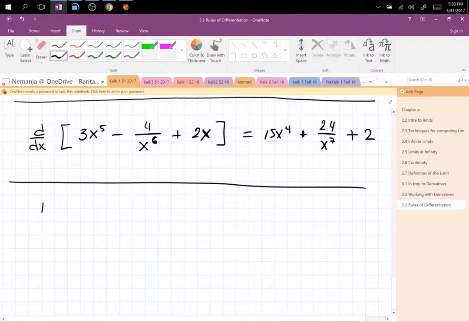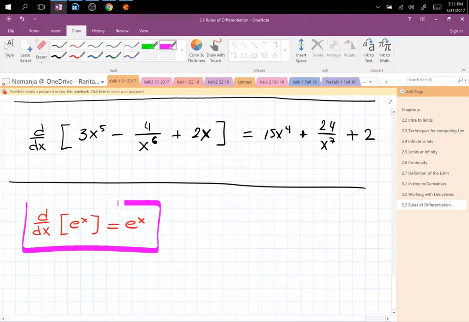So the next rule says that the derivative of e to the x is e to the x. It's the only function in the galaxy that does that. The derivative is itself, so you get the same back.